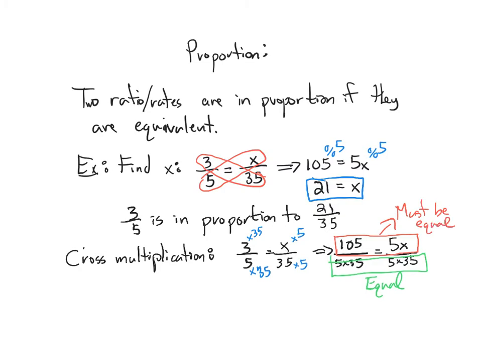In order for that to happen, this equation has to hold: 105 equals 5x. And you can see it's the same thing as cross multiplying like we did up there. So really, when you cross multiply, all you're doing is getting a common bottom number, you can think of it like a denominator, and equating numerators. That's all you're doing with cross multiplication.